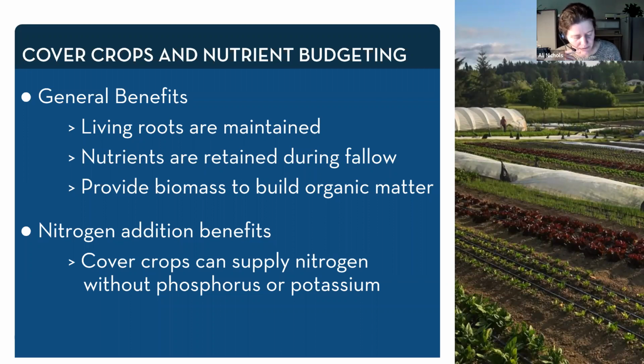So cover crops can be one of the few organic inputs that can supply nitrogen without also supplying additional phosphorus or potassium to the system. In our region, where many of our soils are already high in phosphorus, this is an important advantage.